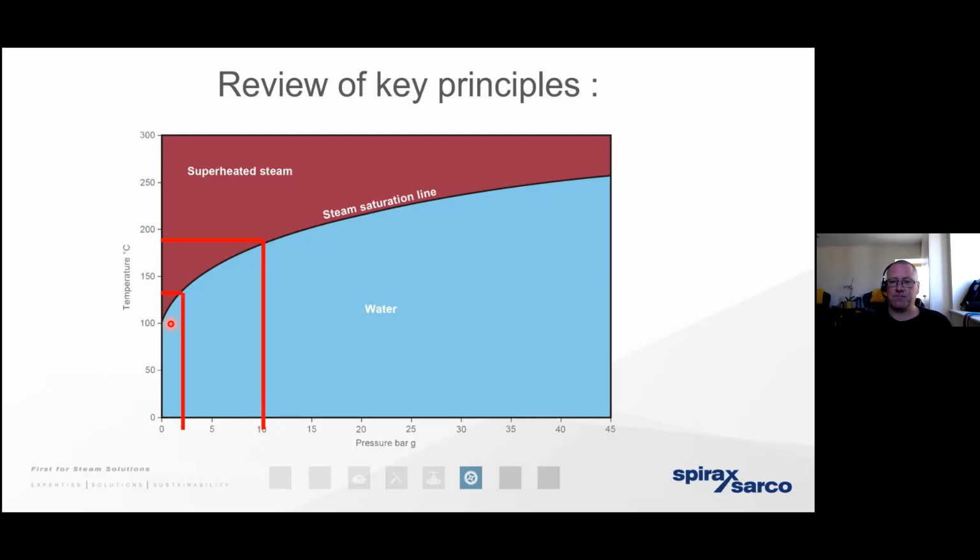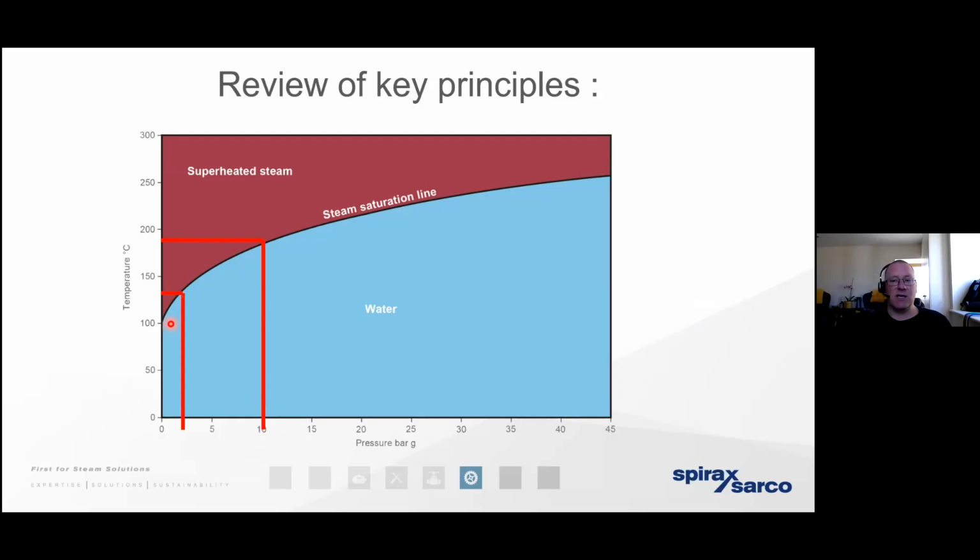But the other thing that the pressure-temperature relationship shows us is not only the pressure-temperature relationship of the steam, it's also the pressure-temperature relationship of the condensate as a liquid. The reason being, well, when steam gives up its heat energy, there's an exchange of that latent heat.